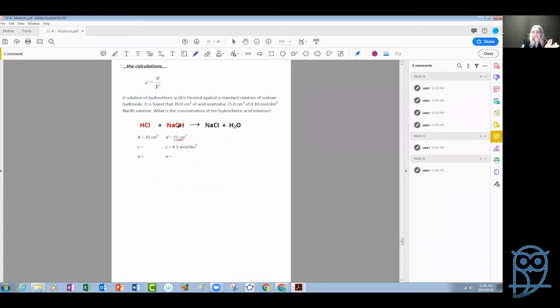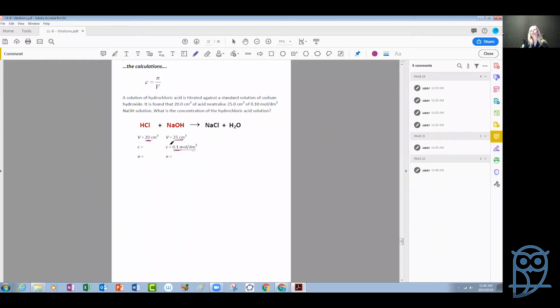We knew this is a standard solution, so therefore we knew its concentration was 0.1 moles per cubic decimeter in this case. And then we did the titration, and we found that a volume of 20 cubic centimeters of hydrochloric acid neutralizes exactly this solution of sodium hydroxide. So this is the measured volume that was necessary to neutralize this solution of sodium hydroxide.